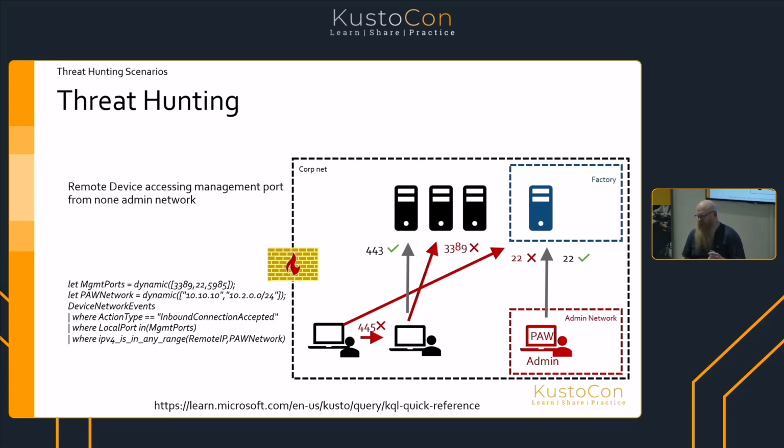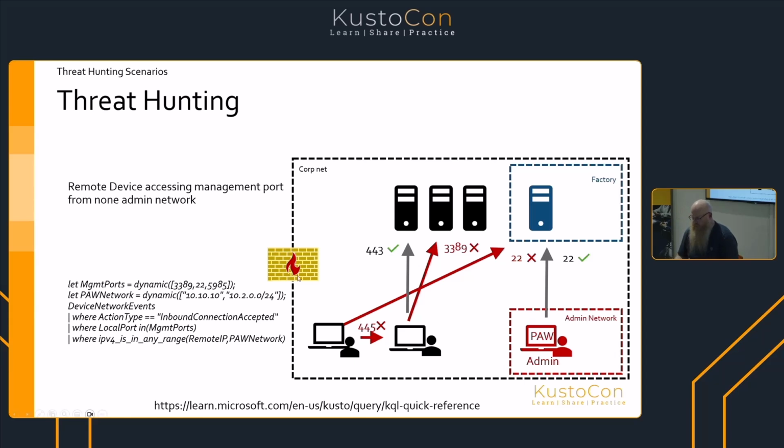So for instance, if you have RDP traffic from a regular user device from the client network coming to the servers, and if it doesn't come from the admin network where the local IT is connected from, then you can alert on this, or you can flag it as suspicious.